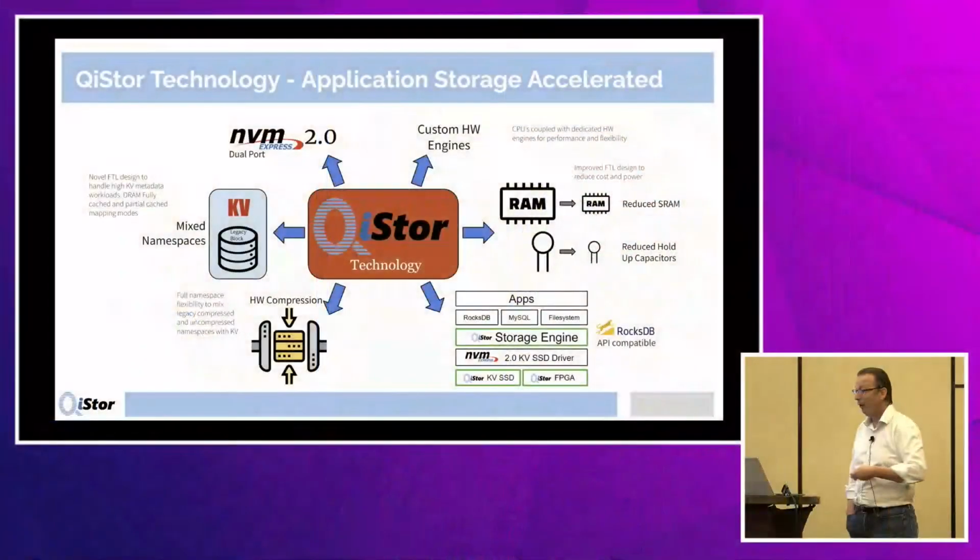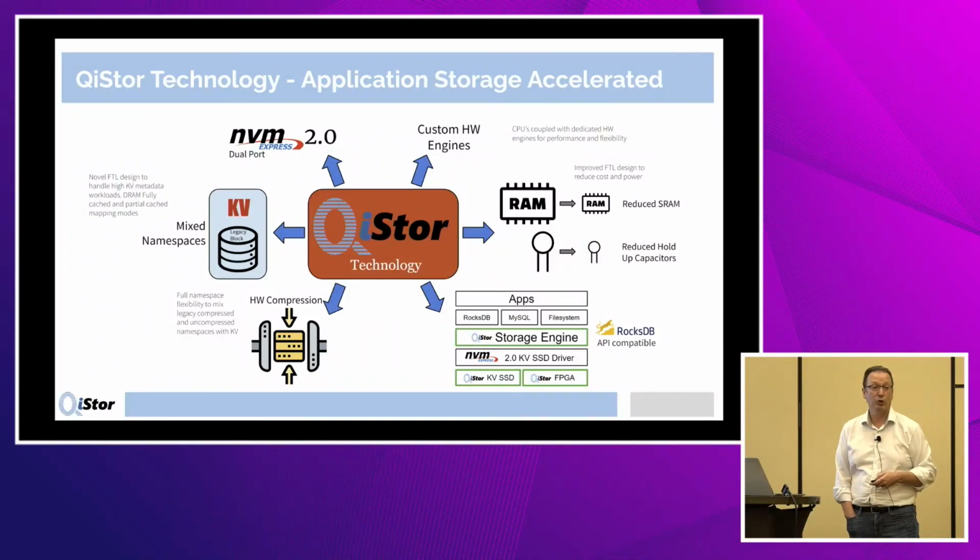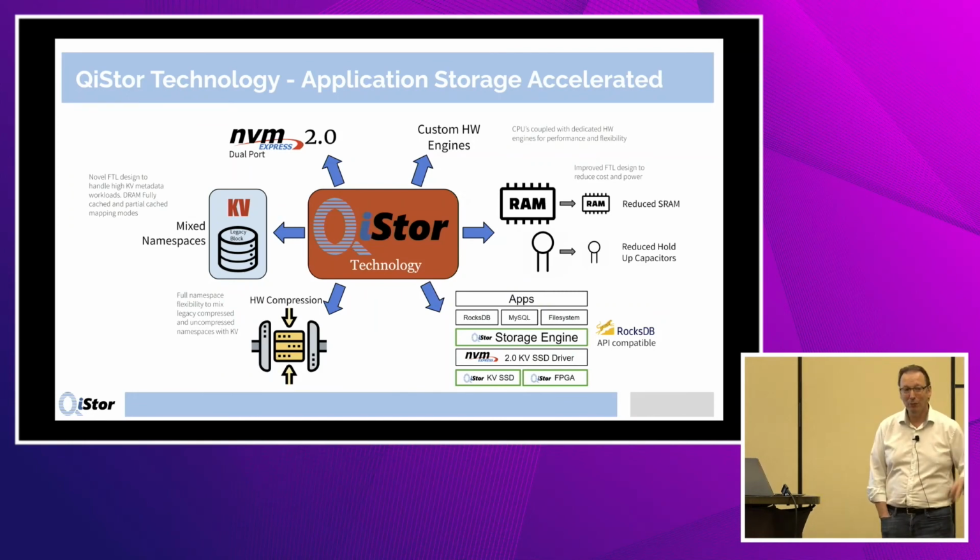So we're not trying to be an object storage device. We're trying to be a key value SSD. In the storage engine, we'll allow very large objects to be stored, but it's a fairly trivial problem to store large objects. The problem actually is the smaller objects. The smaller objects are much harder than the larger objects.